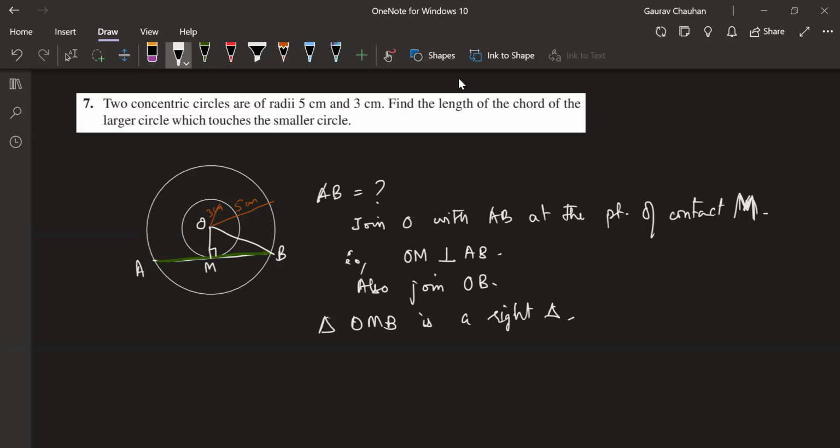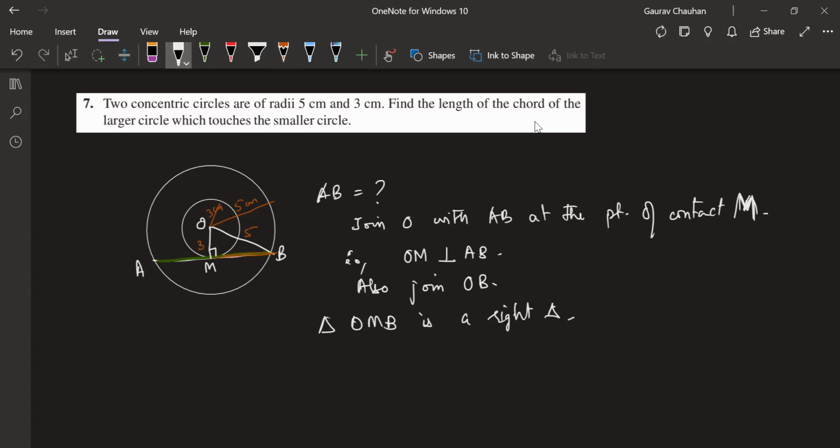In this right triangle, what is the length of OM? Can someone tell me? Manisha, go ahead. Sir, 3 centimeters. Fantastic. Dinesh, can you tell me the length of OB? 5, sir. Fantastic. So you have 3, you have 5. Can you find MB?